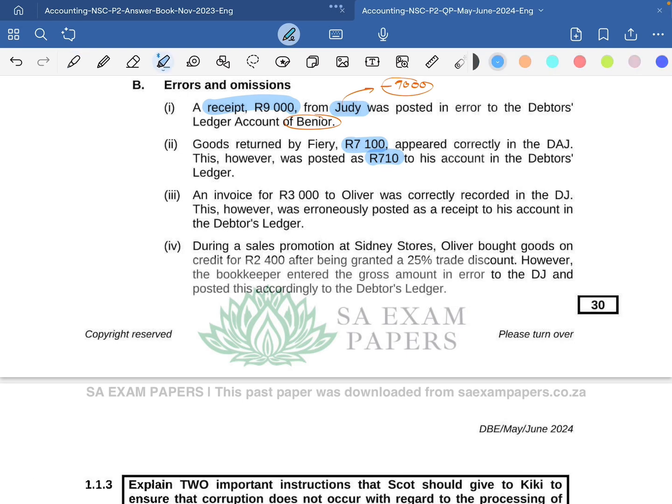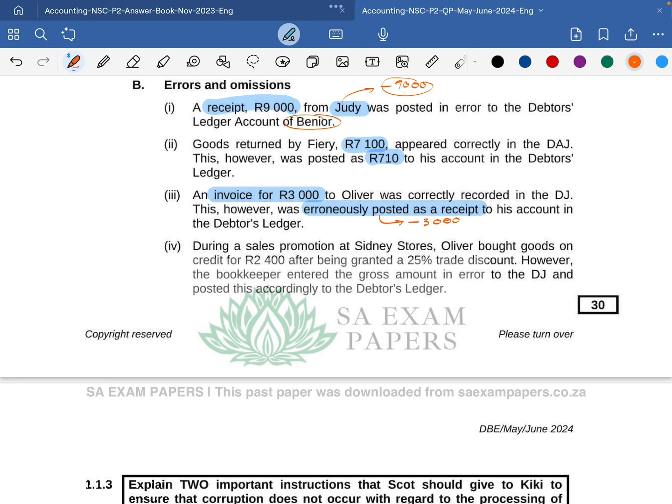And so we move on to Roman figure 3, which says an invoice for 3,000. So the first thing that we can see is that an invoice for 3,000 to Oliver was correctly recorded in the debtors journal. That's fine. This, however, was erroneously posted as a receipt, right? So we posted this as a receipt. Think about what has happened here. If we are posting it as a receipt, it means that we have subtracted this person's debt by 3,000, right?